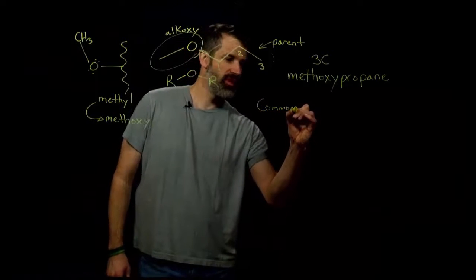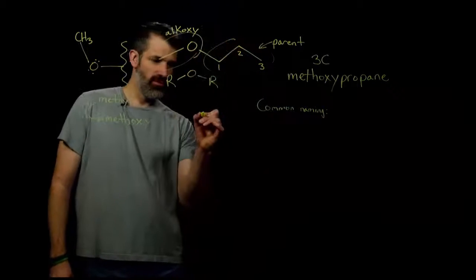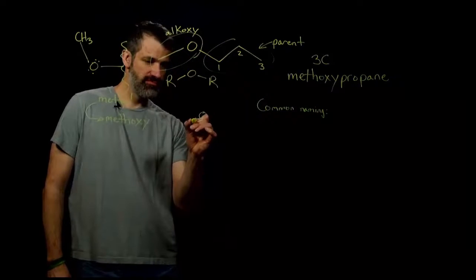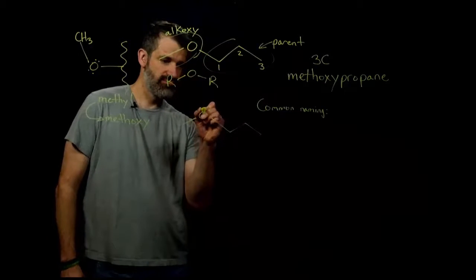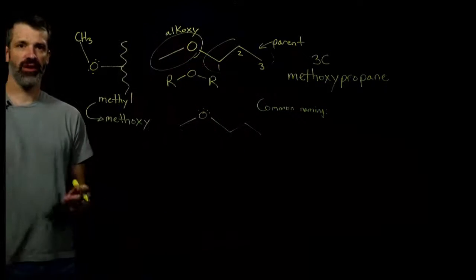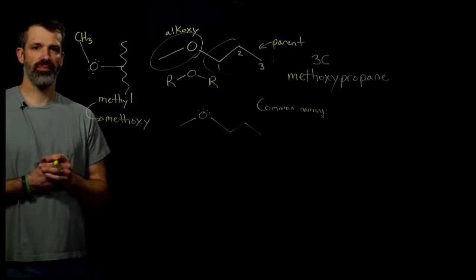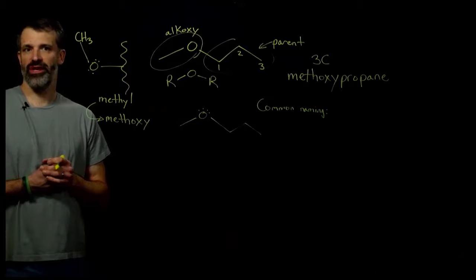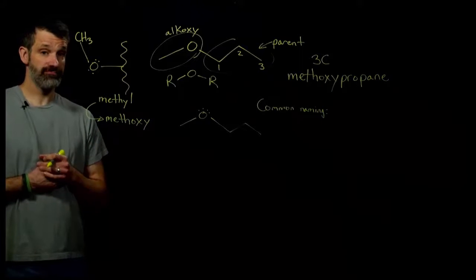When it comes to the common naming for ethers, it is similar to that of alcohols. With alcohols, we name the alkyl group that was attached to the alcohol OH or hydroxy group.